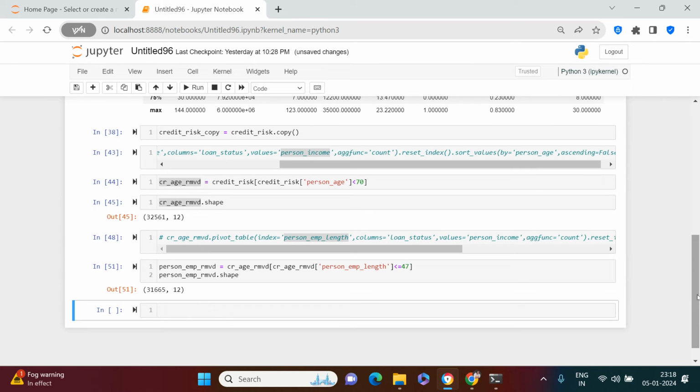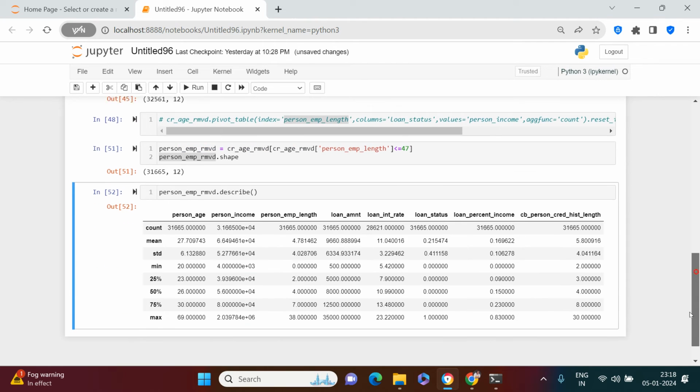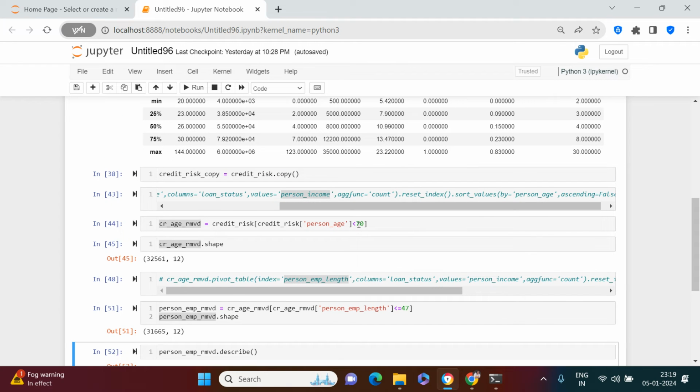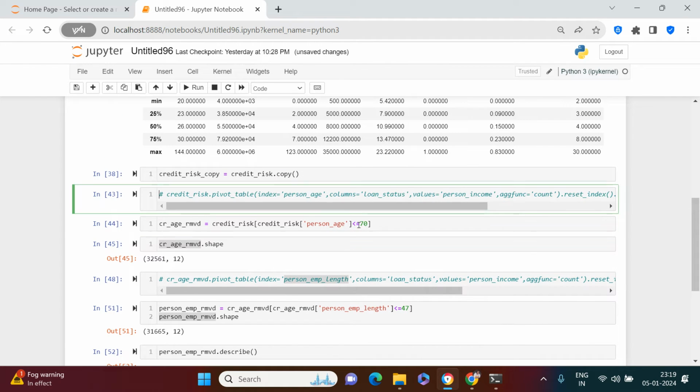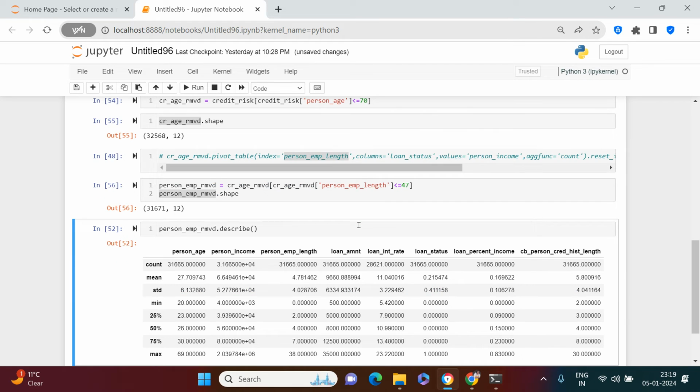Now next thing which I'm going to look into is, let me again have a describe. Describe over here, what we see. Now this looks pretty relevant, right? Person's age is, okay, let me come back over here and here also say less than or equals to 70 years. Okay, this 61 increased to 68, and then here it is coming 31,671.